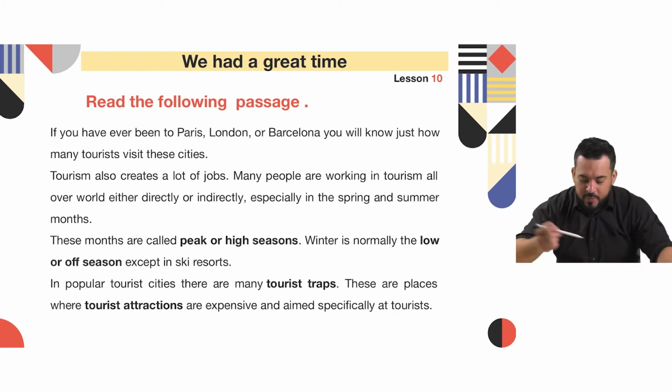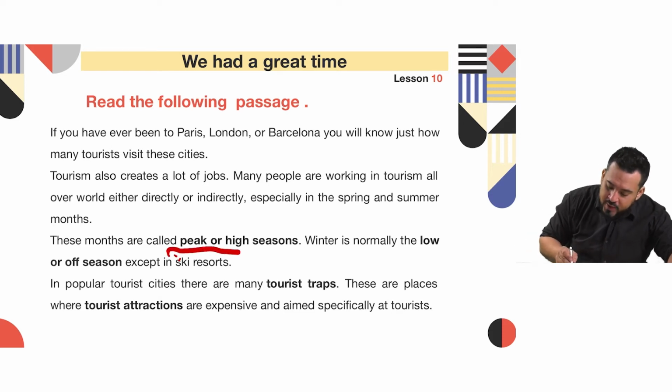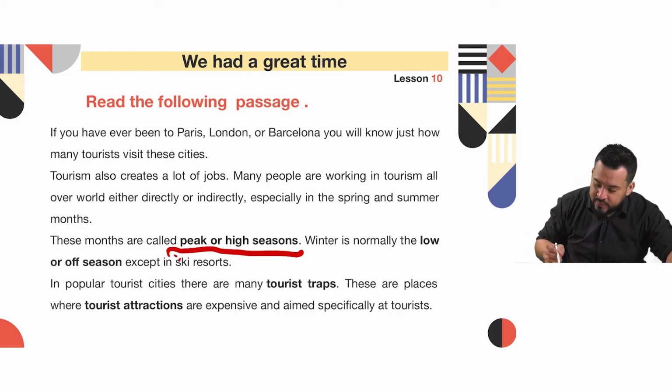We will read a quick passage. If you have ever been to Paris, London, or Barcelona, you will know just how many tourists visit these cities. Tourism also creates a lot of jobs. Many people are working in tourism all over the world, either directly or indirectly, especially in the spring and summer months. These months are called peak or high seasons.